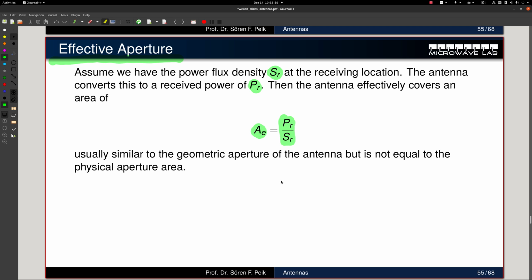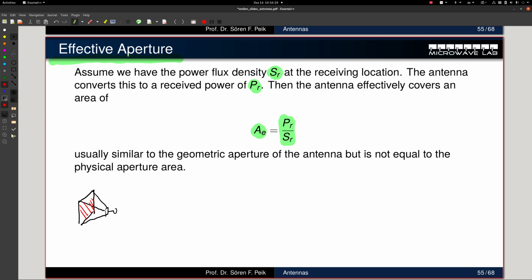And this becomes obvious when we look into these pyramid antennas, or something similar like this, then, as I said, this may be this area here.